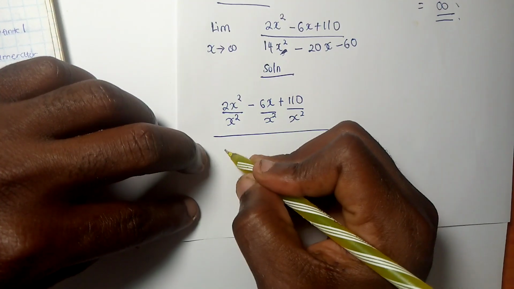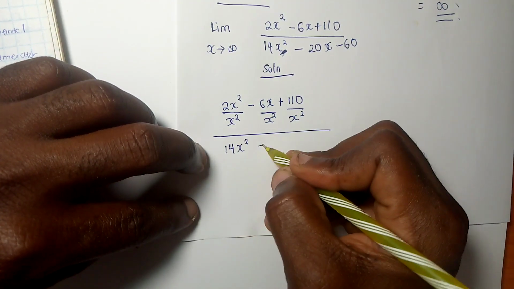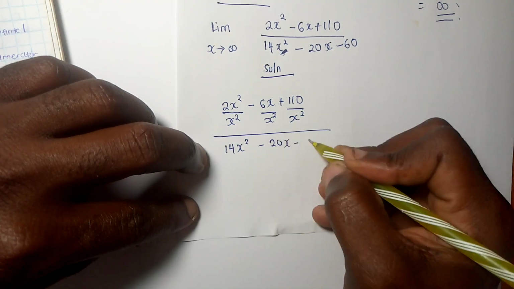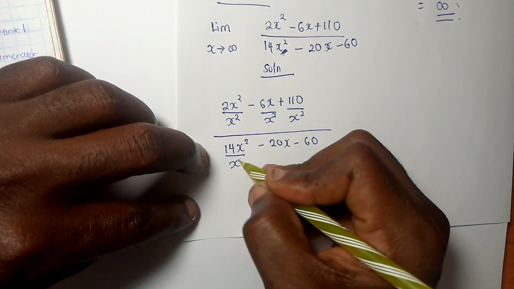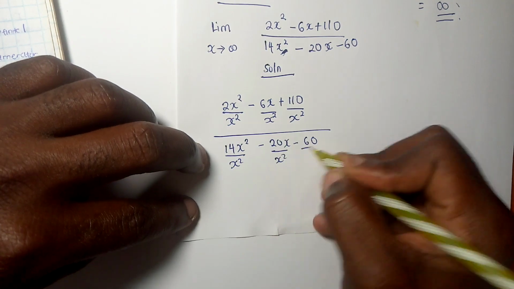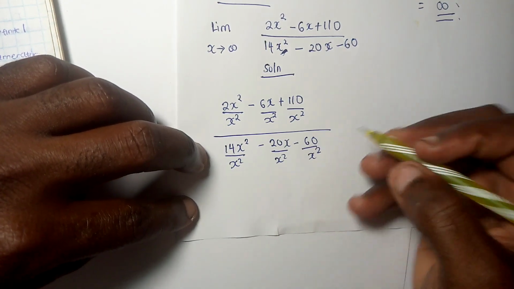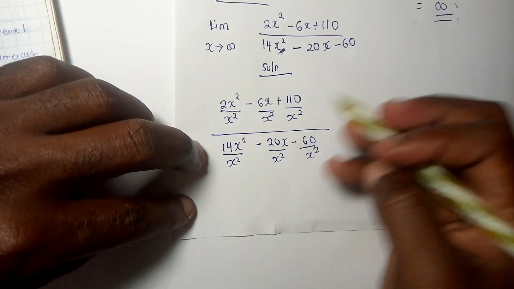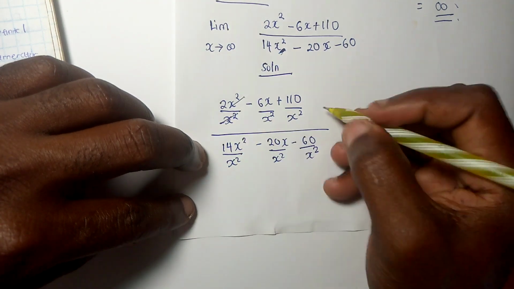Same thing with our denominator, 14x squared minus 20x minus 60, divided by x squared. And then the x squared terms cancel.